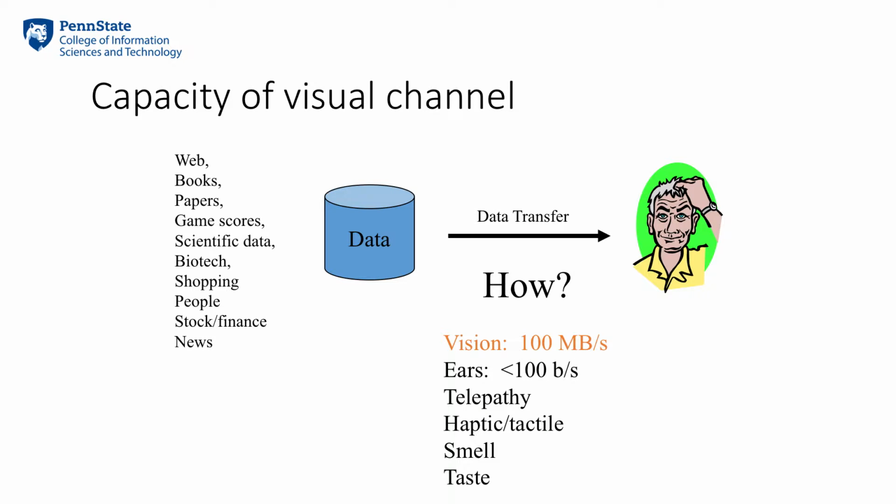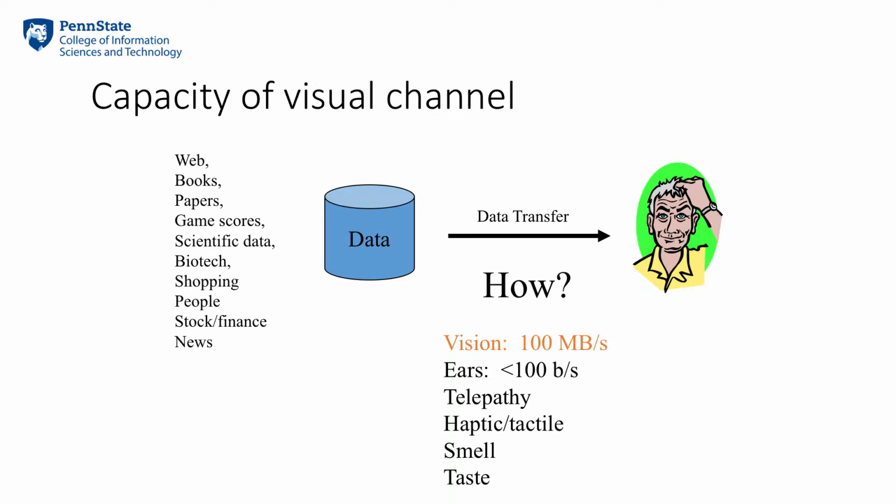We know that we can perceive graphical information much faster than textual information. However, if I ask you how much faster it could be, you may or may not be able to answer that question. There's a lot of scientific research on human visual systems that is trying to answer that question.